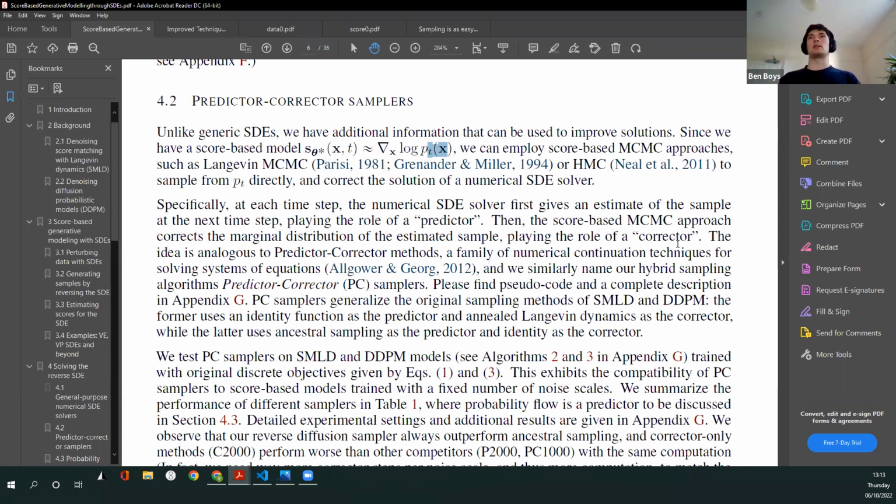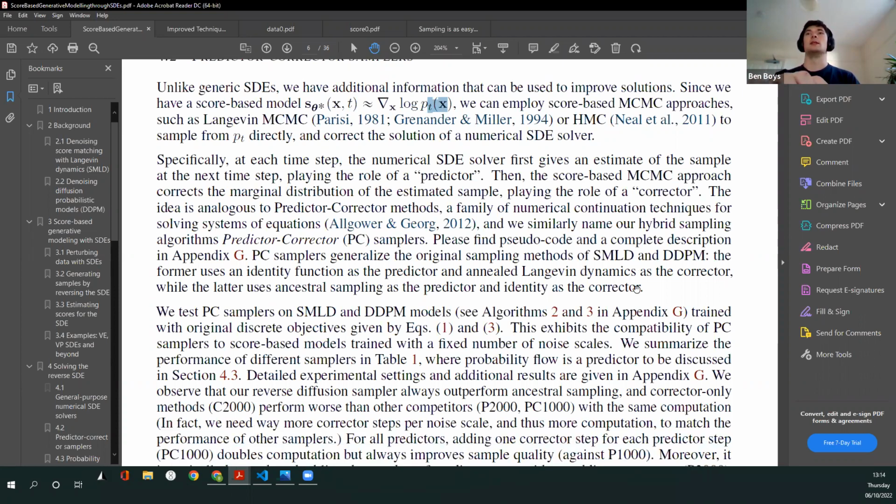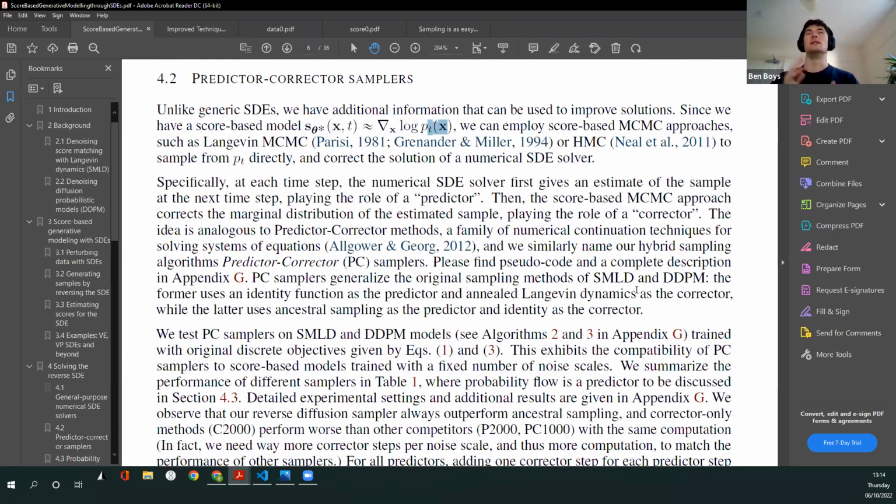So that's correcting any step, and it's basically correcting a bias that's induced by a numerical error in the solution of this SDE. And so it means that you don't need to do as many function evaluations. And because we always have a finite compute budget when taking samples, it means you just get better samples.